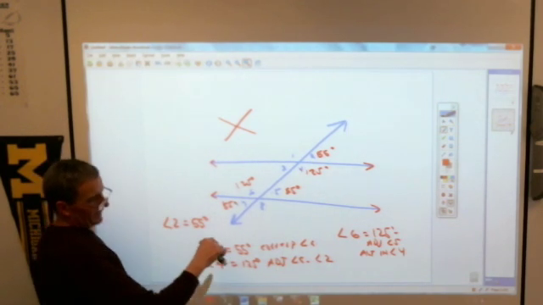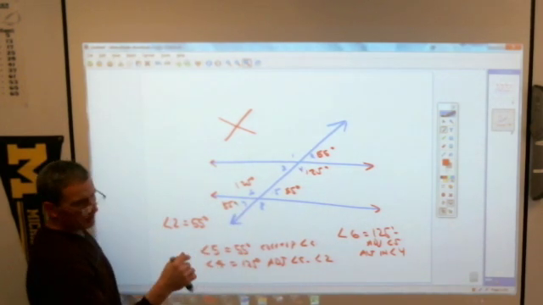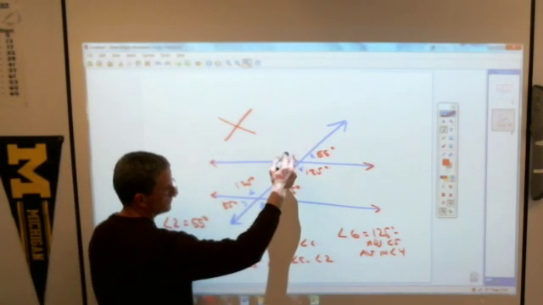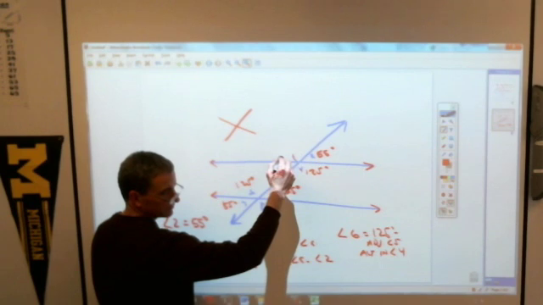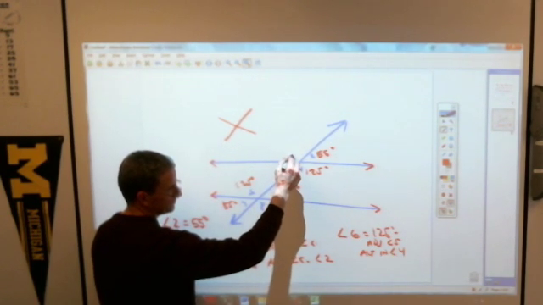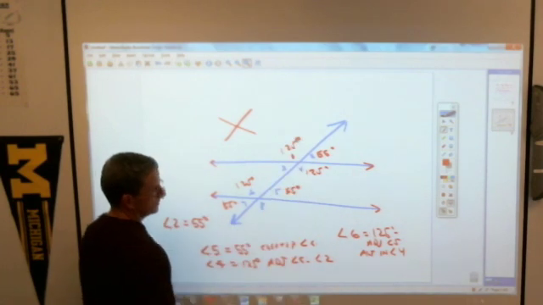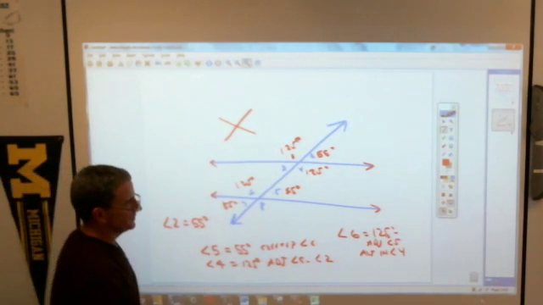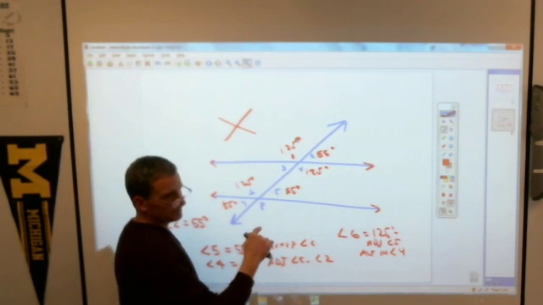How about angle 1? Angle 1 is how many degrees? Bri? How many degrees is angle 1? 125. Why? There are probably 3 reasons again there. It's adjacent to what angle?